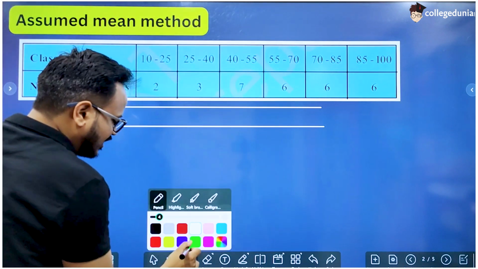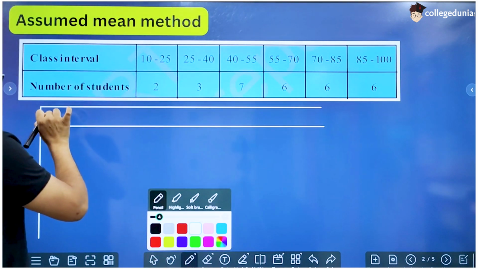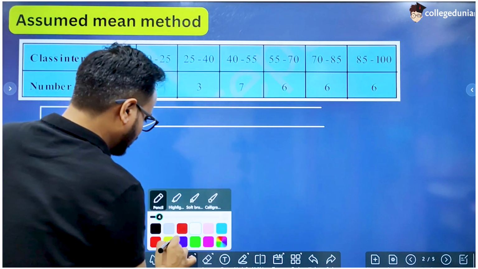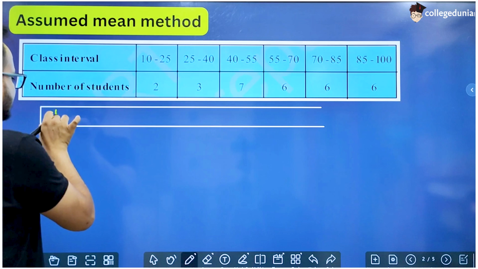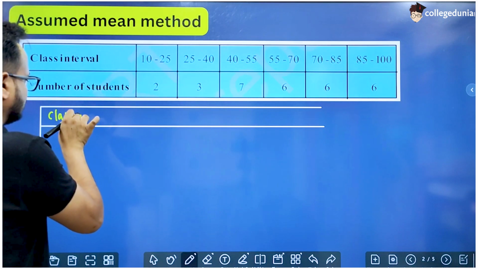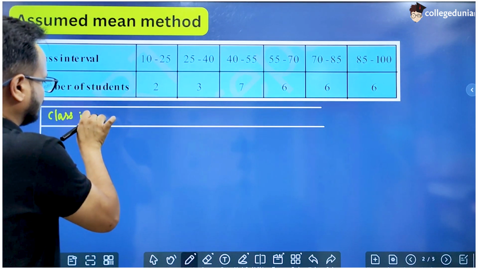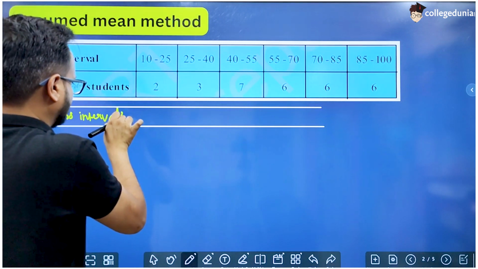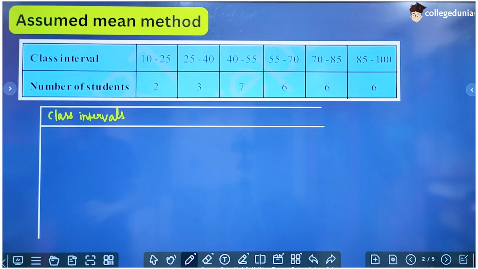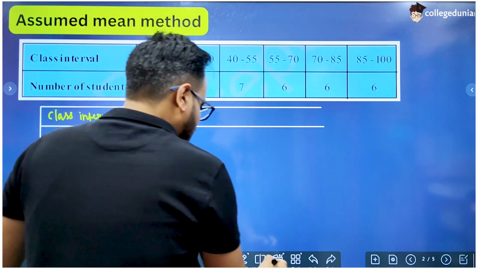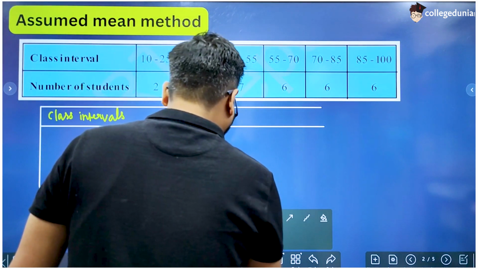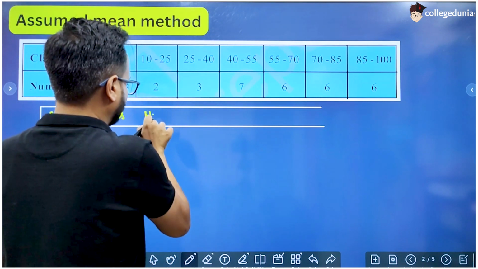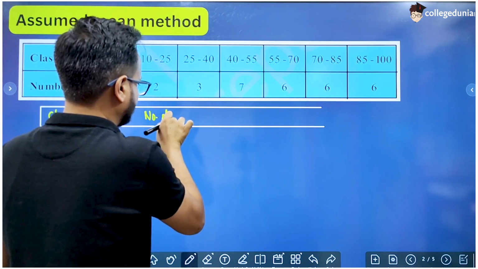Let us first write the class intervals and number of students.